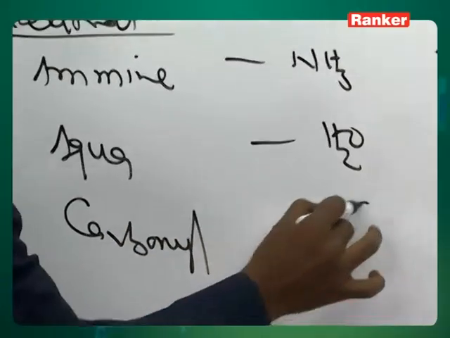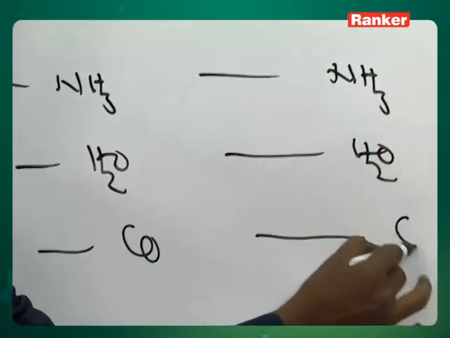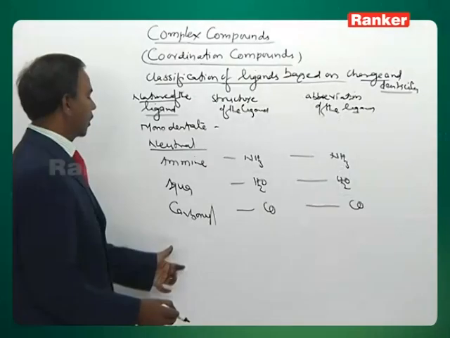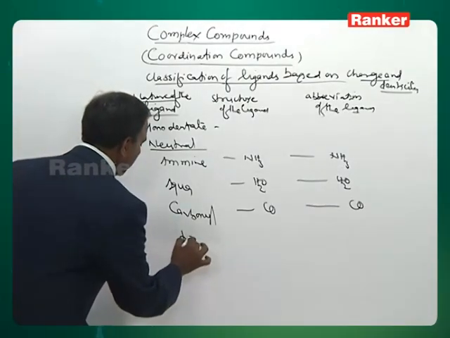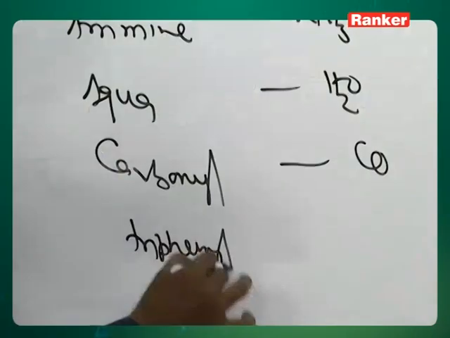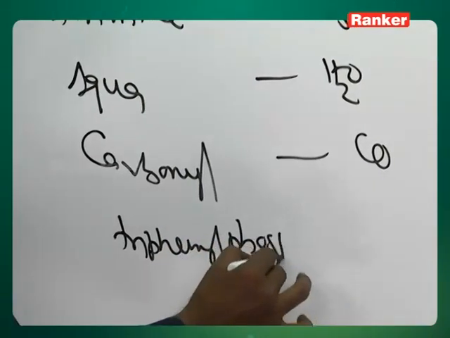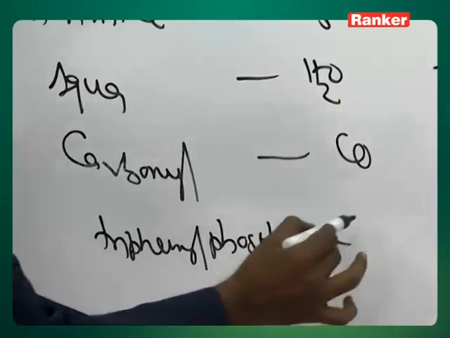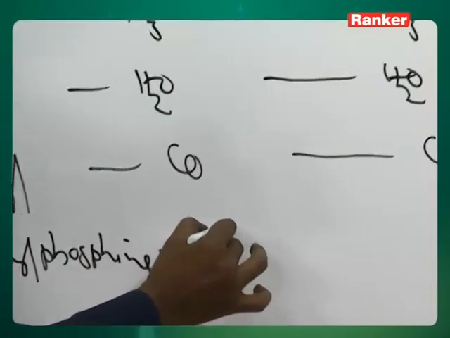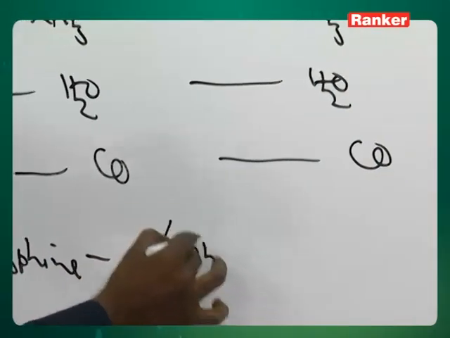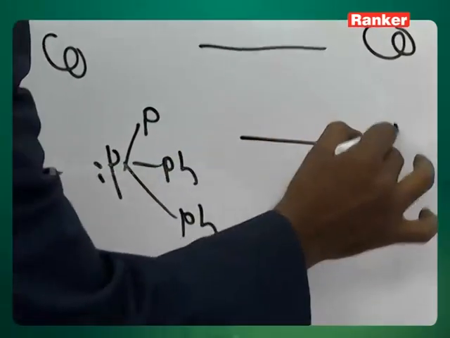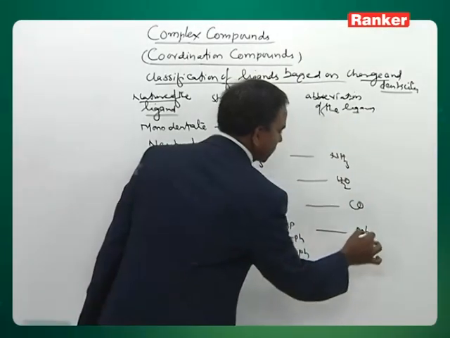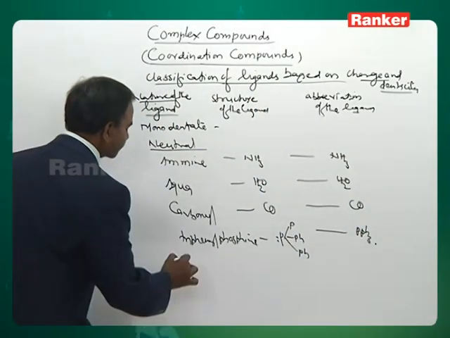Amine, NH3, aqua, H2O. Next let me write carbonyl. Carbonyl ligand, it is actually CO, represented simply as CO. Carbonyl and triphenylphosphine, we can say it is PPh3. It is represented simply as PPh3, triphenylphosphine.